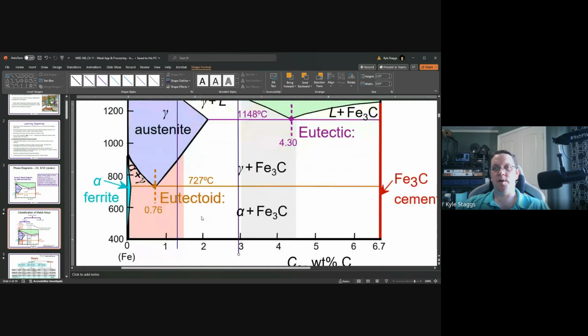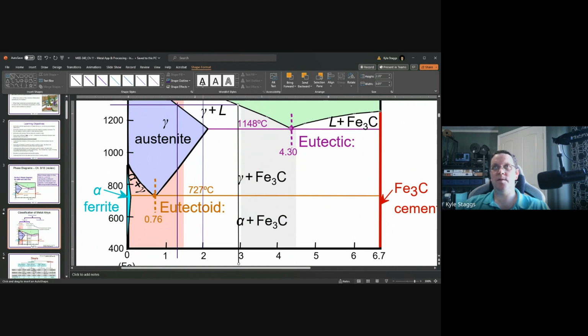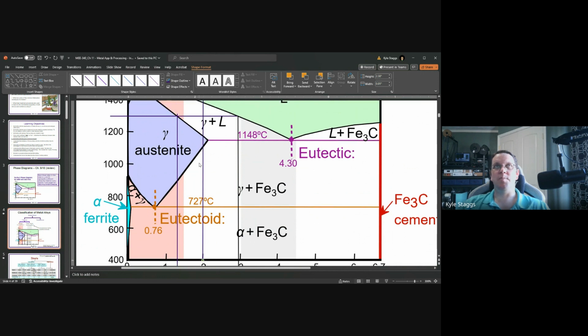If I started from something like 2 weight%, you can change the color on this one and say, all right, my black line is going to be from 2% and it's going to be straight up. The trouble with something like PowerPoint is you have to dissociate it from all the other gibberish here. So right about here is roughly straight up and down.